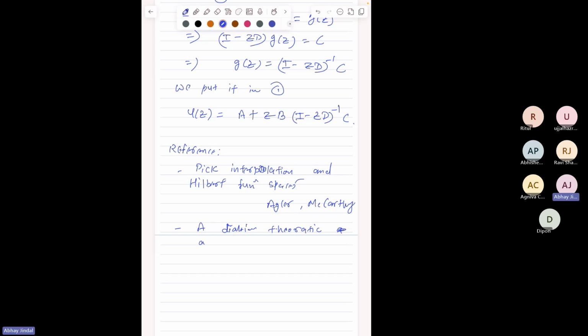A dilation theoretic approach to approximation by inner functions.